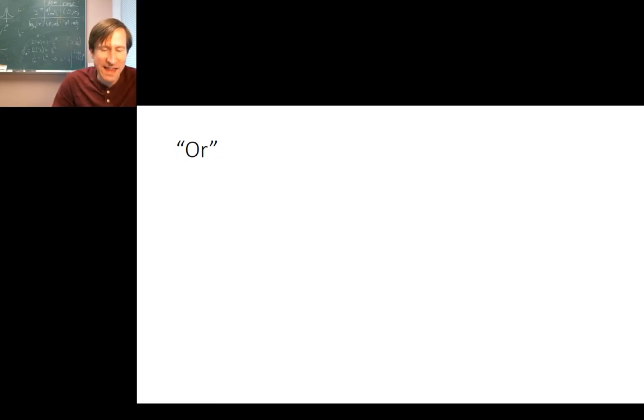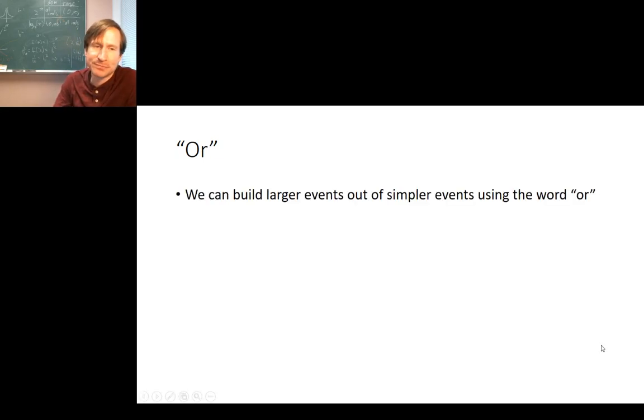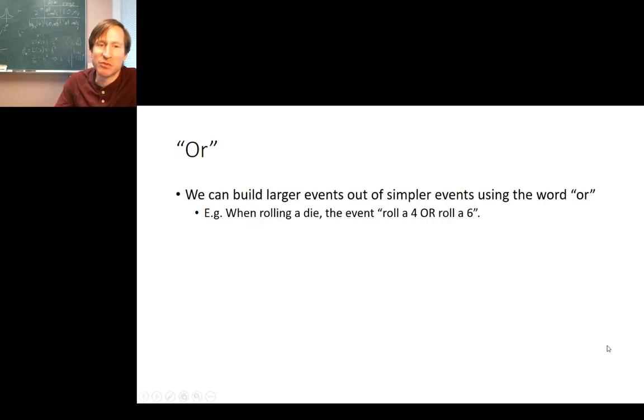Another way that is often useful to describe events is using the word or. For example, if we're rolling a die, we can describe an event out of smaller events by using the word or in this manner. So we could say the event roll a 4 or roll a 6. This isn't a totally new thing.